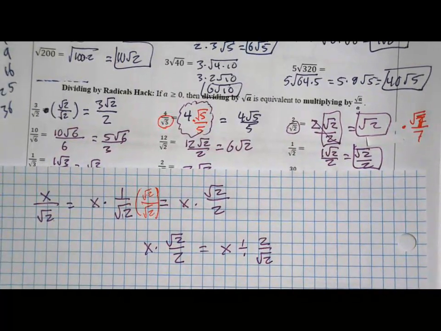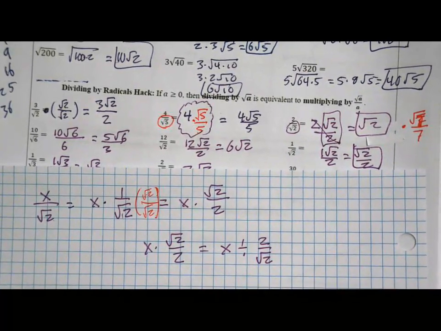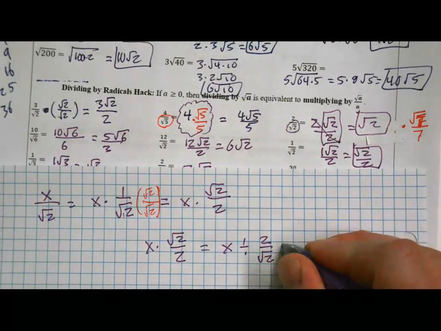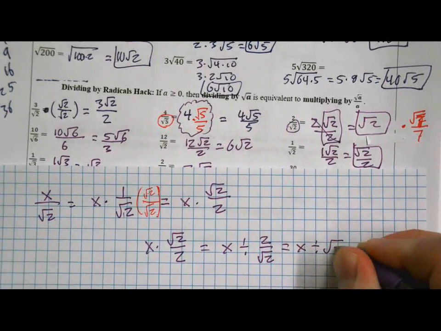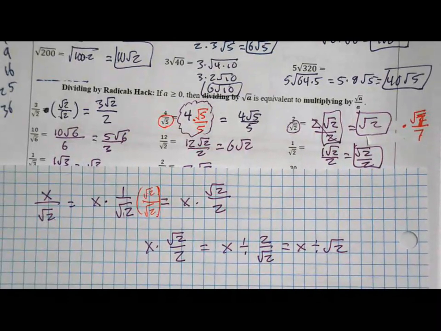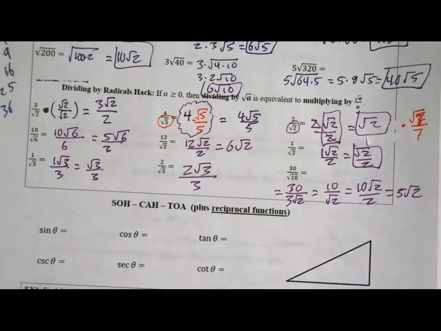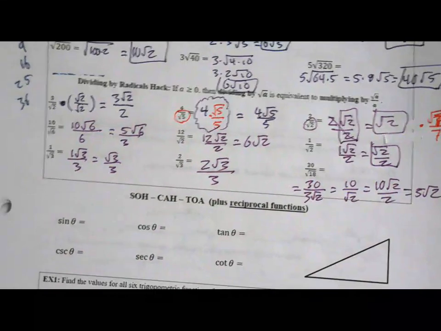And what's 2 divided by root 2? What would you multiply by root 2 to get 2? Root 2. 2 divided by root 2 is root 2. Anyways, it works. Use it if you like it. Ignore it if you don't.